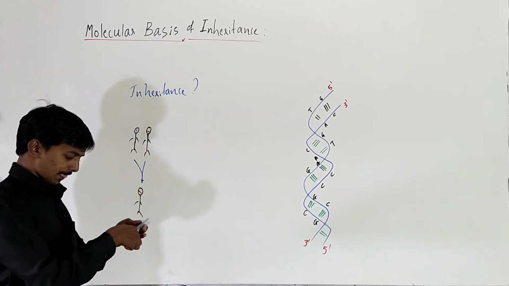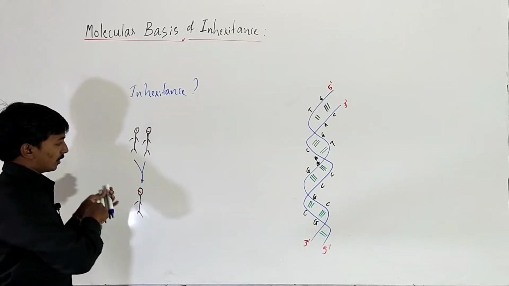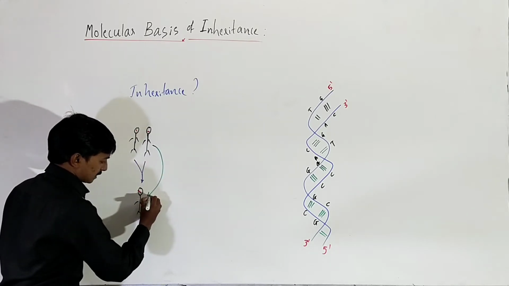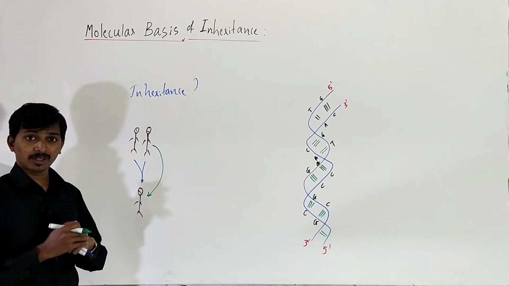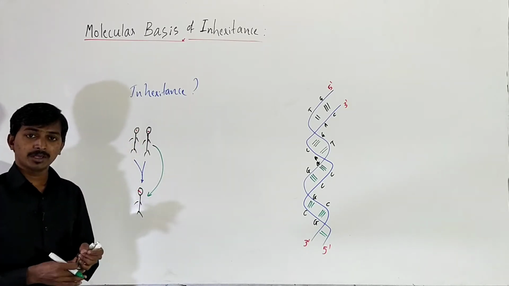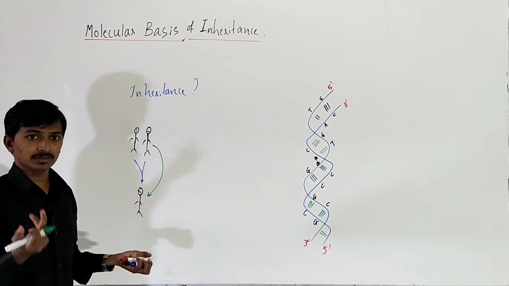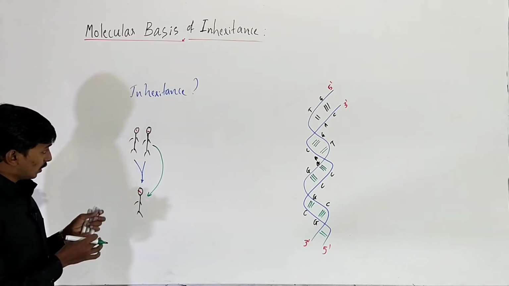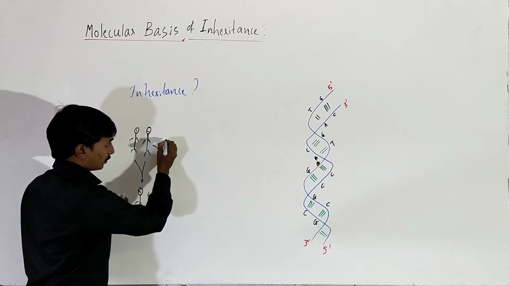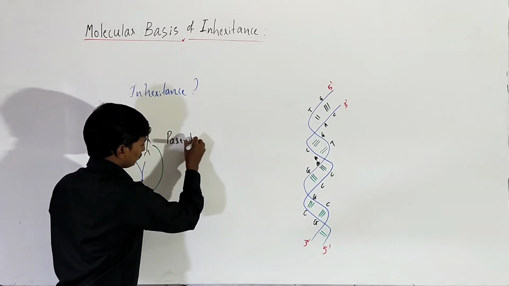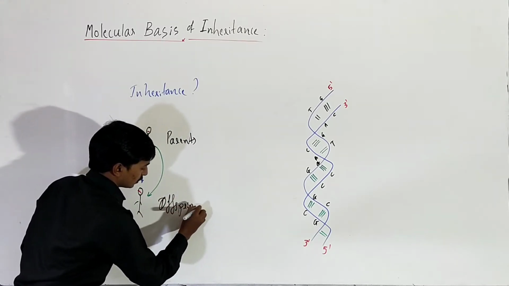So here some of the characters from these parents have transferred to the offspring. Some of the characteristics, maybe the color of the parents, maybe the height of the parents, maybe the similarities of the body parts like eye, ear, etc. So whatever characters are present in the parents have transferred to the offspring.